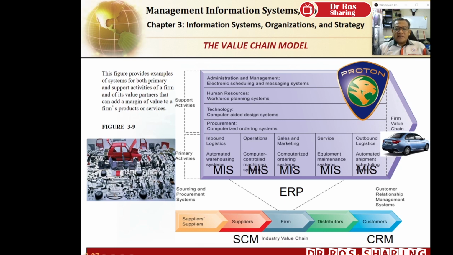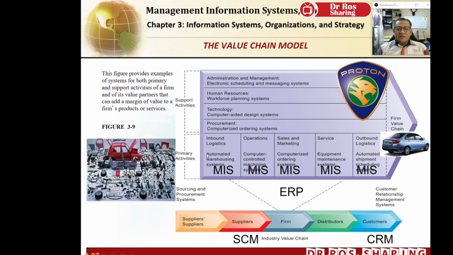At sales and marketing, they have a computerized ordering system. At the service department, they have equipment, spare parts and maintenance. At outbound, they have a computer system like an automated shipment scheduling system.